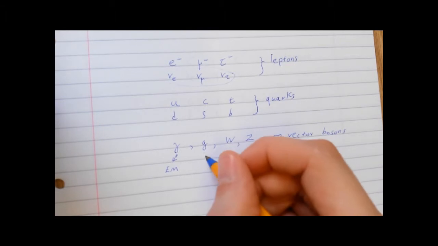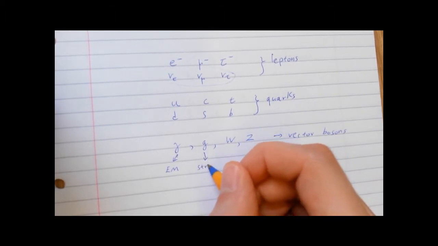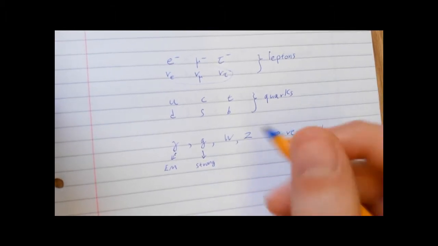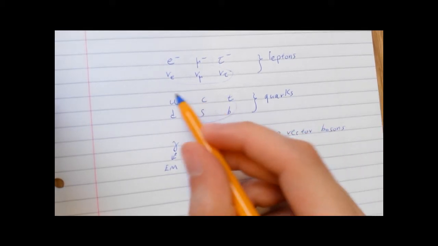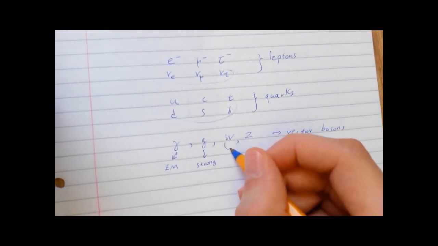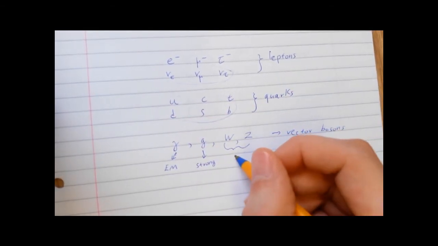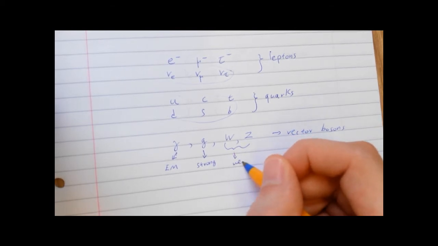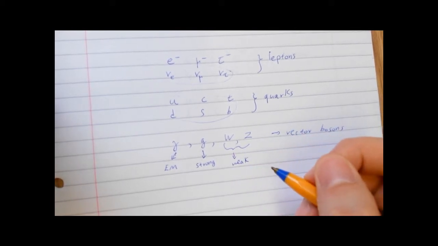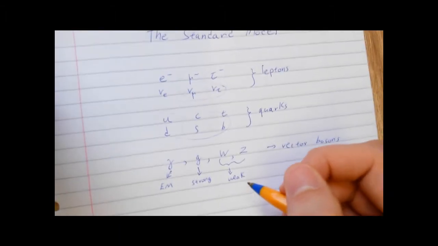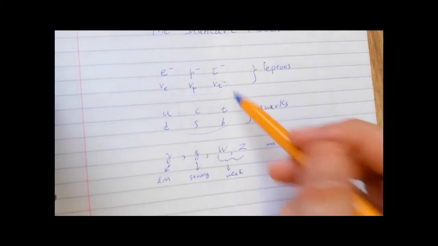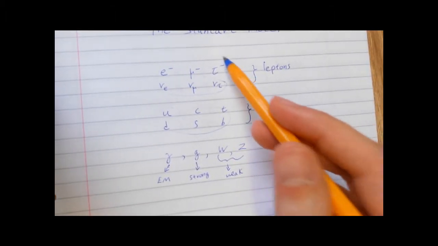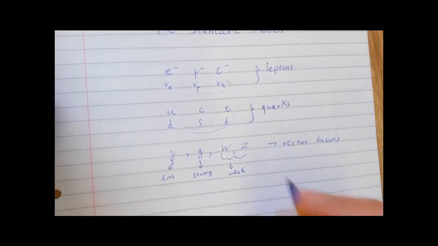The gluon is responsible for the strong nuclear force, that is basically interactions between quarks, and the Z and W bosons are responsible for the weak nuclear force, and those can actually interact with all those particles.